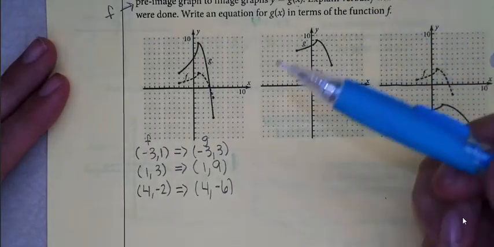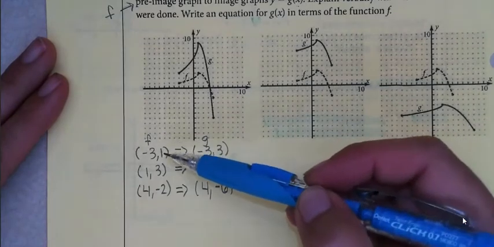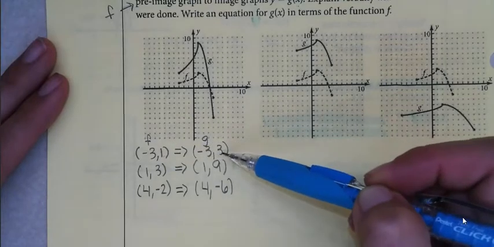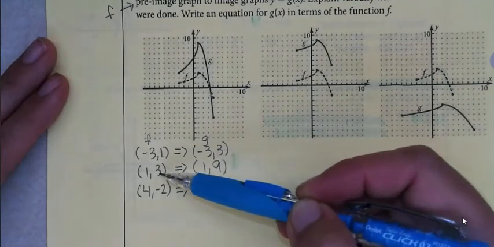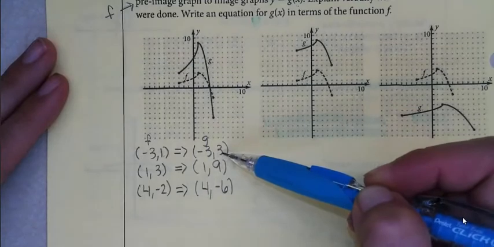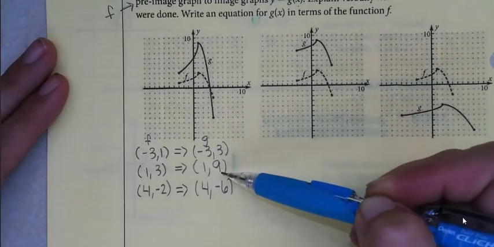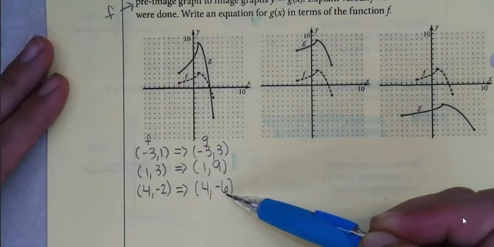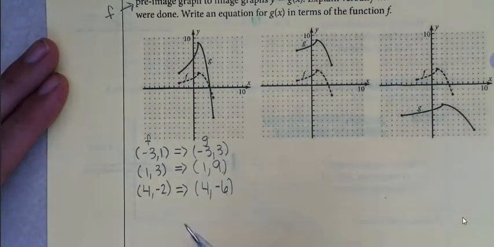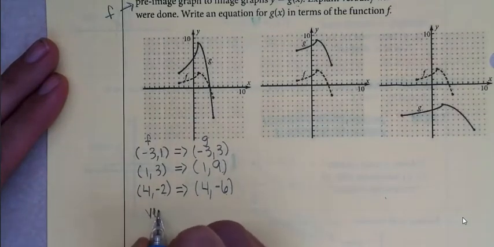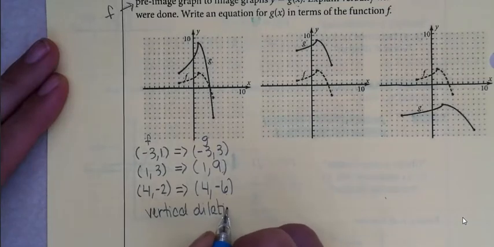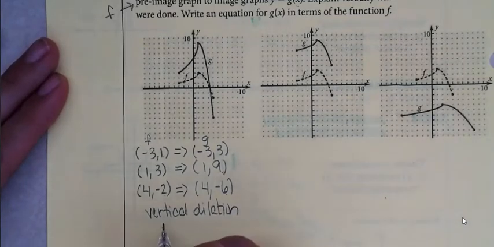If it's a dilation, then I can multiply all these outputs by a common multiple to get the image outputs. 1 times 3 gives me 3, 3 times 3 gives me 9, and -2 times 3 gives me -6. So really what's happening here is a vertical dilation by a factor of 3.